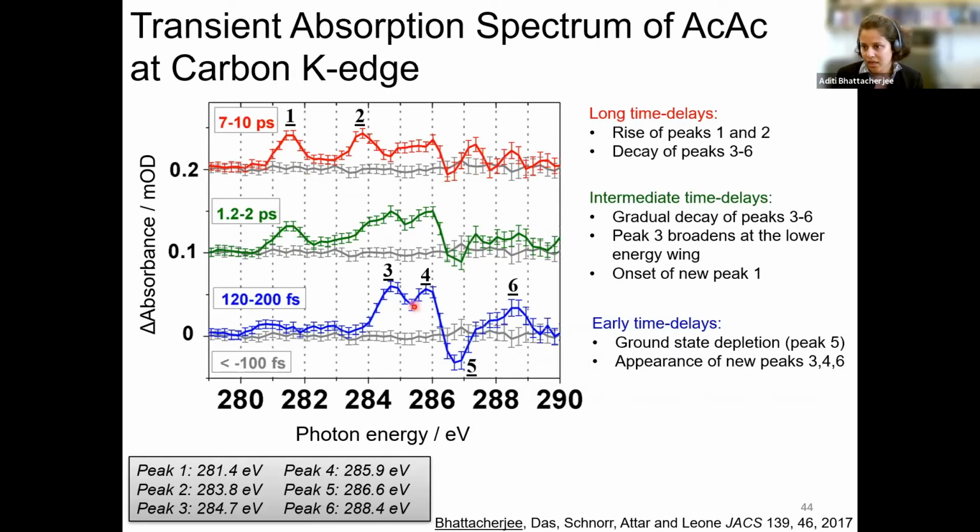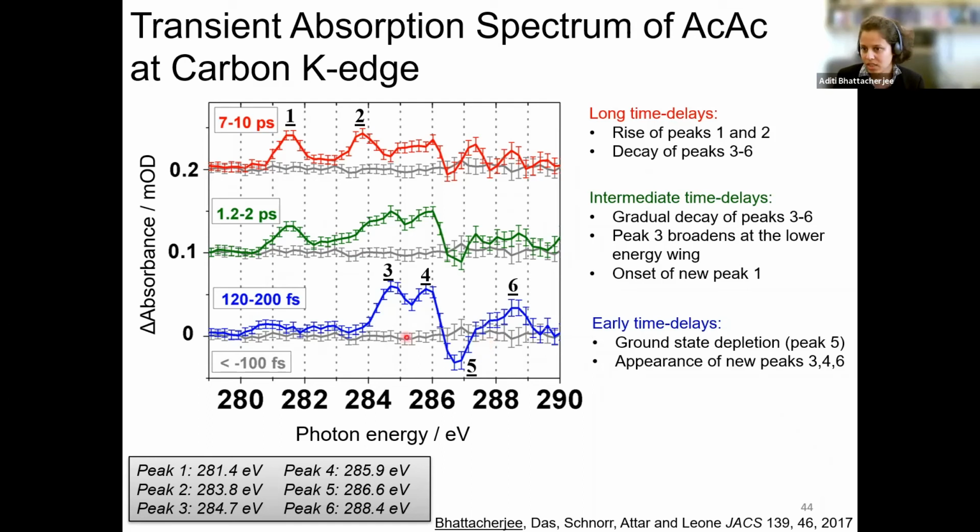When we shine 266 nanometer on this molecule and look for changes in the near edge region, in all of these spectra, the gray trace is before, so this is negative time delays, meaning the pump arrives later, and so nothing will happen. This is a reference for all practical purposes.